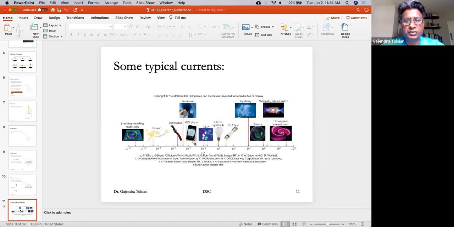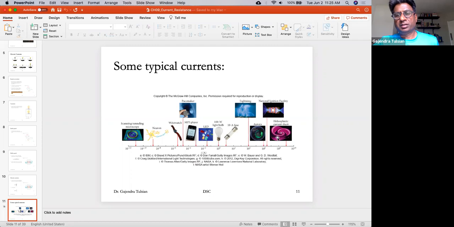Your cell phones use currents of milliamps. A 100-watt light bulb uses a current of 1 amp. In a lightning bolt, the current is about 10,000 amps. The auroras involve currents of 1,000,000 amps.